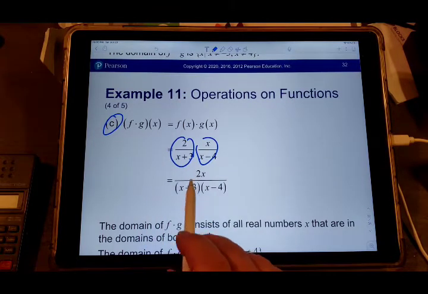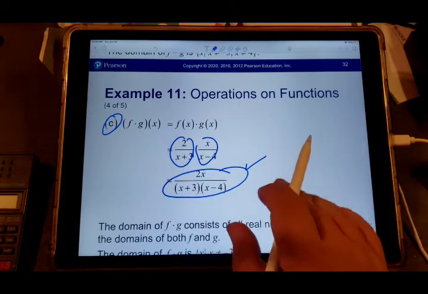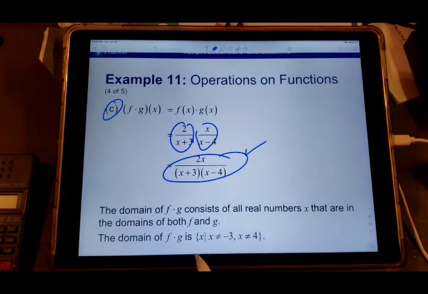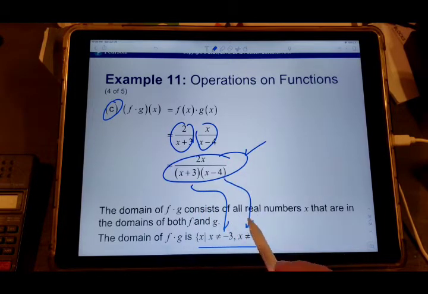Just multiply them together. So that would be the answer: f of x times g of x. And notice this isn't too unusual at this level: anytime you have a denominator, just punctuate the domain. Just state it again, what the domain is.